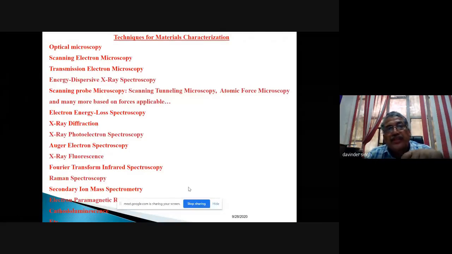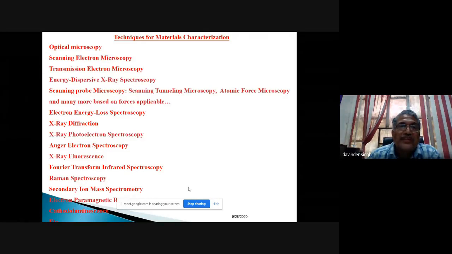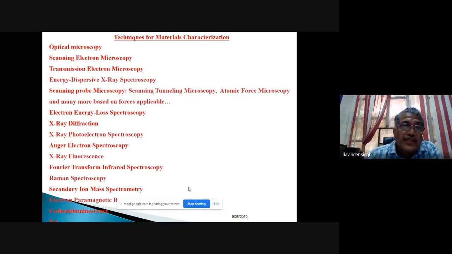So whenever we deal with materials, definitely we need to characterize them because we have to understand them. For understanding the materials, generally we do optical microscopy, and in the old days optical microscopy was very popular for understanding grain boundaries and other structures. But now electron microscopy is more common.